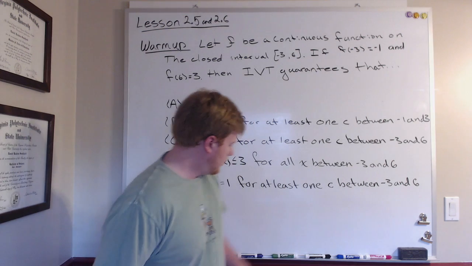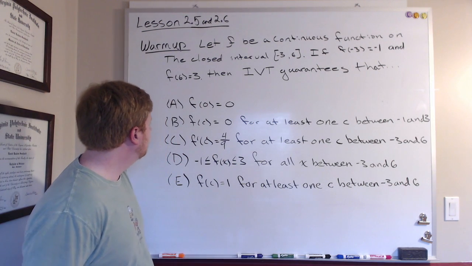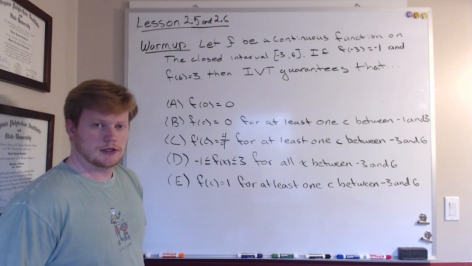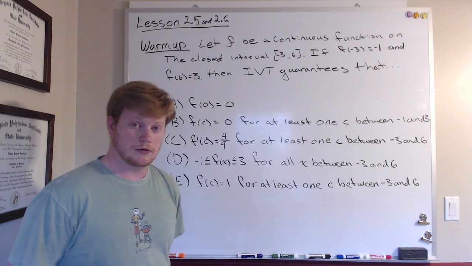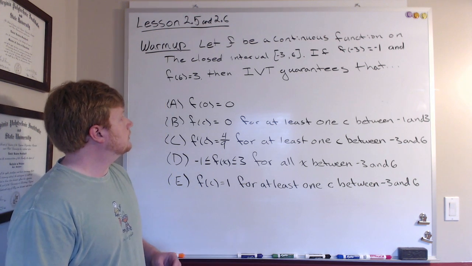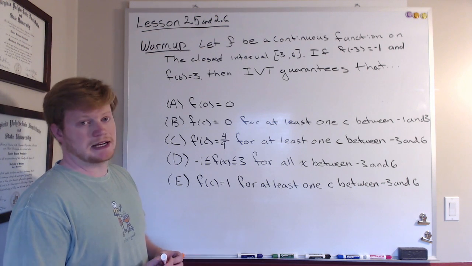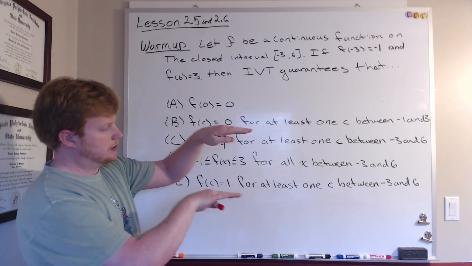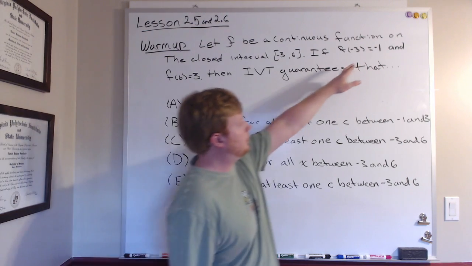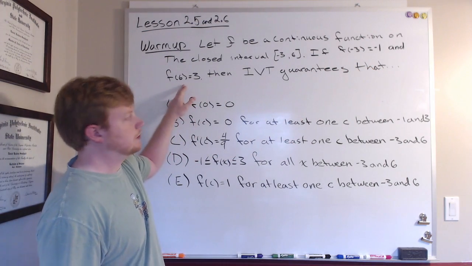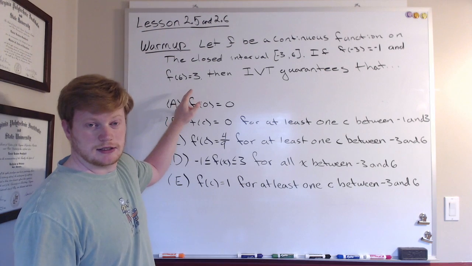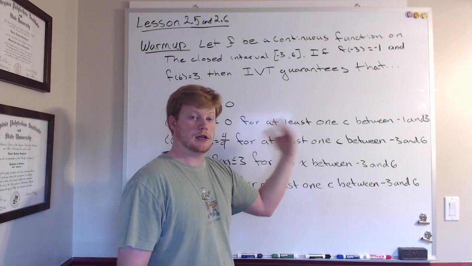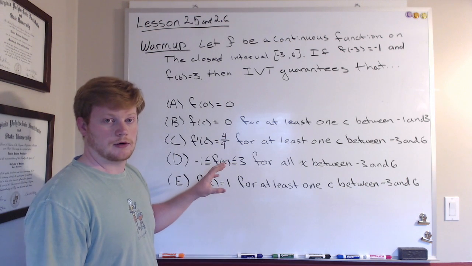All right, let's talk about this. So the IVT is that theorem that says if I have a continuous function on a closed interval, and I'm looking for an output value between the endpoints of my interval, it guarantees that there is an x value on the interval that will take me to what I'm looking for.